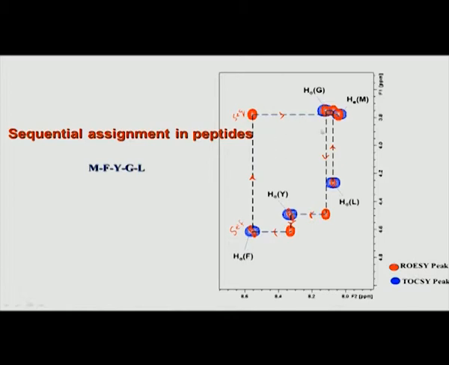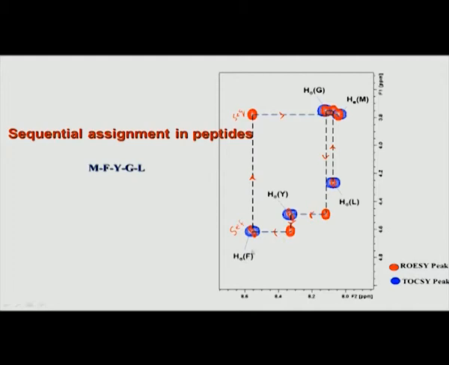What is shown here in red color are peaks coming from ROESY, and what you see in blue color are peaks coming from TOCSY. Now if you notice, suppose I take an amide, a vertical line along this. This is a portion of the whole spectrum, only the H alpha, remember it is going from 3.5 to 4.5 or 5 ppm, and this is the amide region.